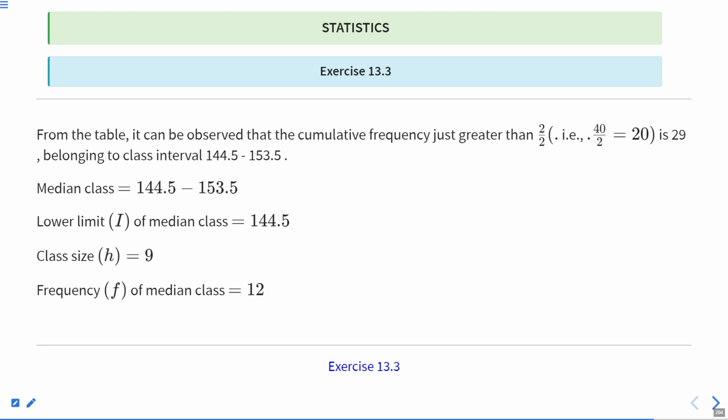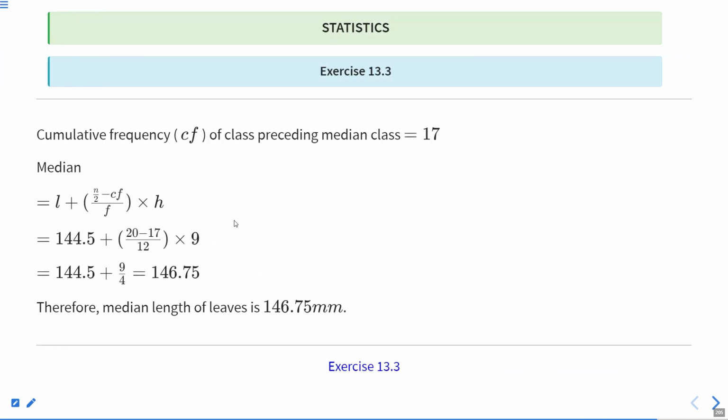So the median class is 144.5 to 153.5, and the lower limit of the median class is 144.5. The class size h is 9, the frequency f of the median class is 12, and the cumulative frequency CF of the class preceding the median class is 17.